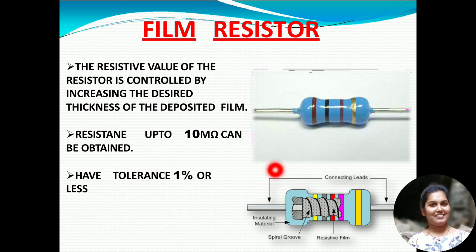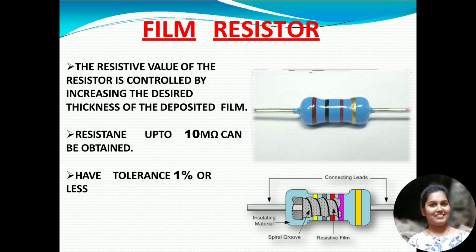So the resistance value of this particular resistor can be controlled by increasing or decreasing the thickness of the film, what we are using as resistive film. So the thickness of this resistive film will decide the resistive value of this resistor. Resistance of up to 10 megaohms can also be obtained in film resistors.